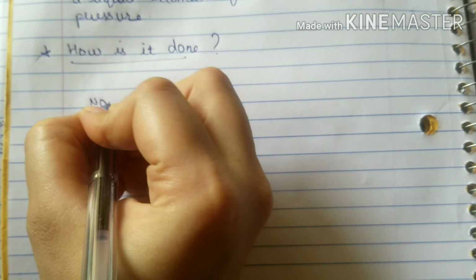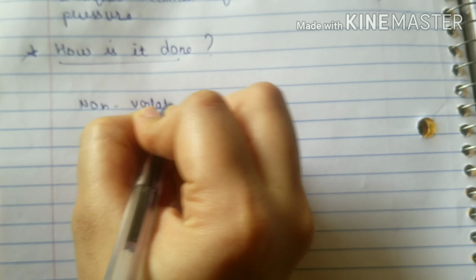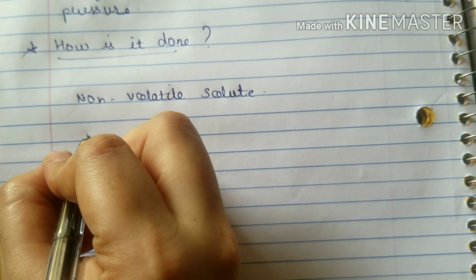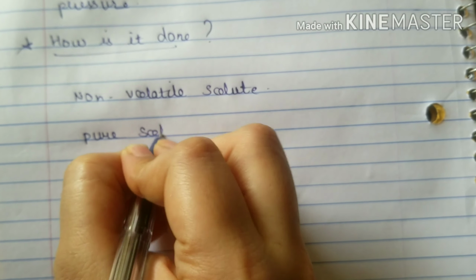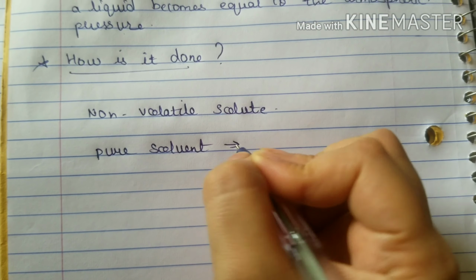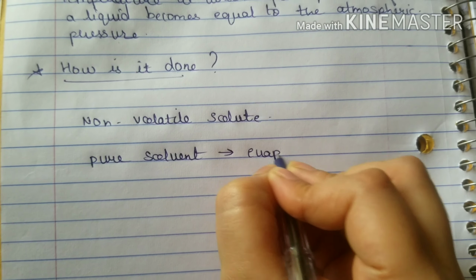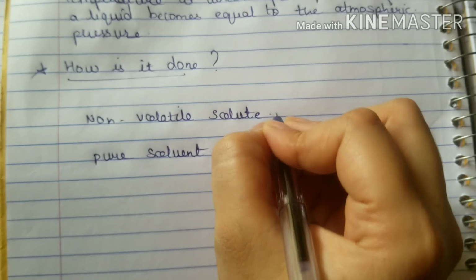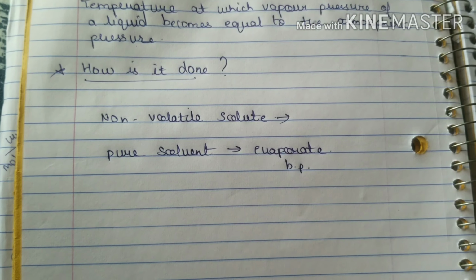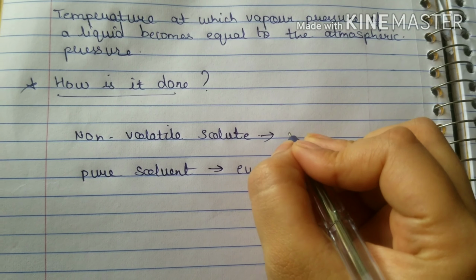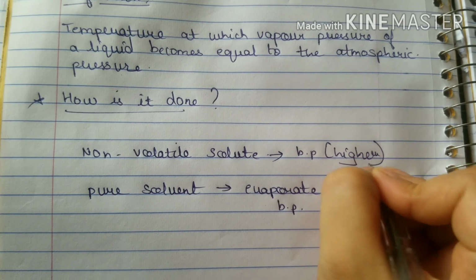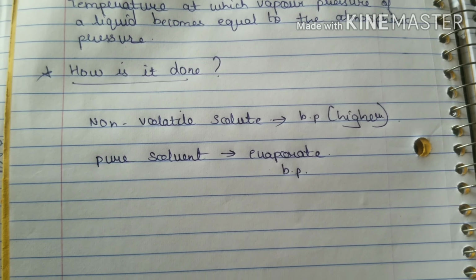So what are we going to do here? We are going to take a non-volatile solute, and we have a pure solvent. Of course, the pure solvent is going to evaporate, so it has some boiling point. Even this non-volatile solute is not going to evaporate, but it is going to have a boiling point that is higher compared with the pure solvent.